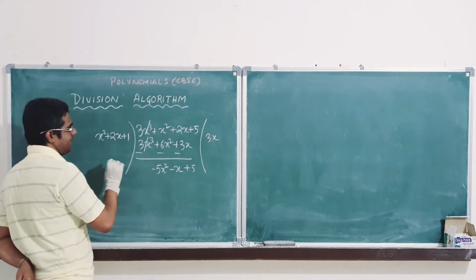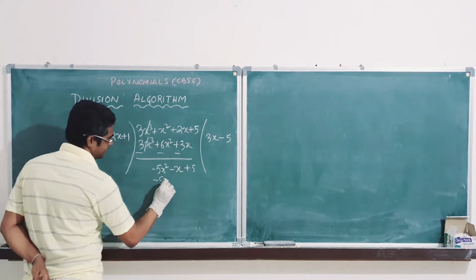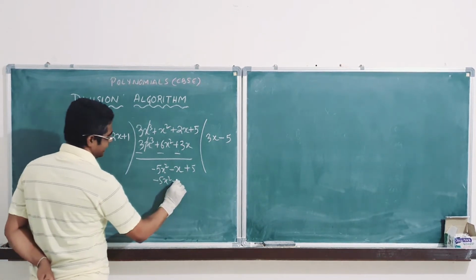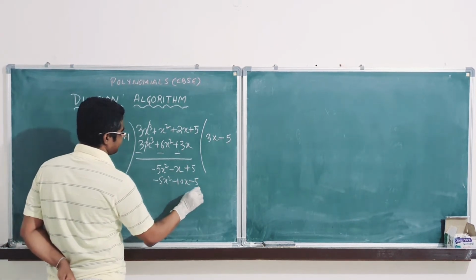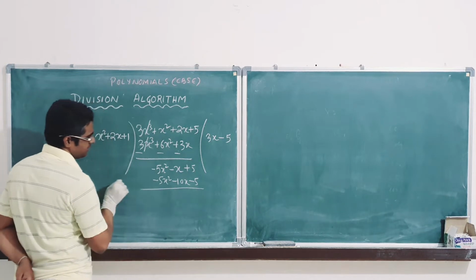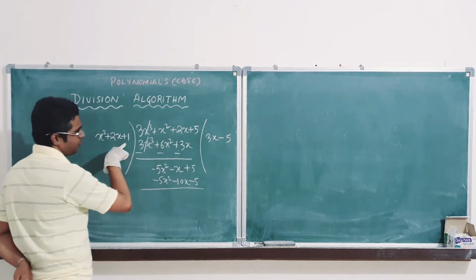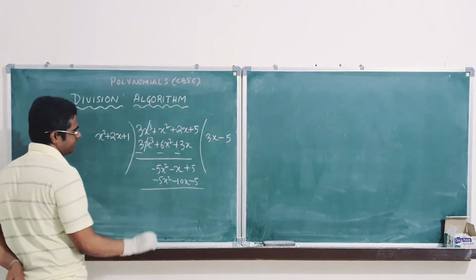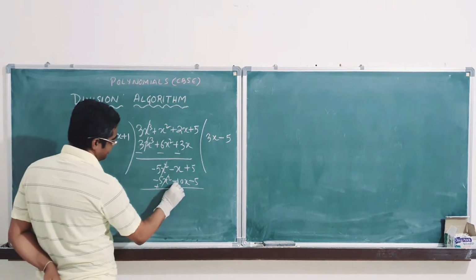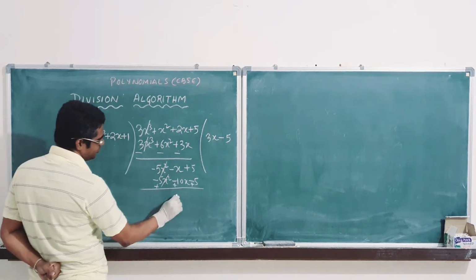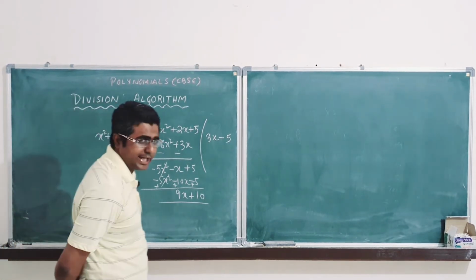Now I will have to take minus 5, minus 5x square minus 10x minus 5, right? Minus 5, correct. This is plus 5, minus 5 into 1, that is minus 5, correct. So this one cancels out. This one will be plus, this one will be plus, so this will be 9x plus 10, okay? This will be 9x plus 10.